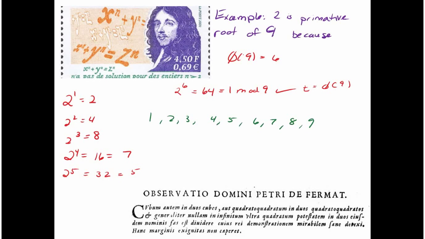If I take the numbers from 1 to 9 and just take the ones that are relatively prime to 9, notice that all of these numbers appear in this list. 1 is there, 2 is there, 4 is there, 5 is there, 7 is there, and 8 is there. So it's just a rearrangement of the numbers relatively prime to 9.